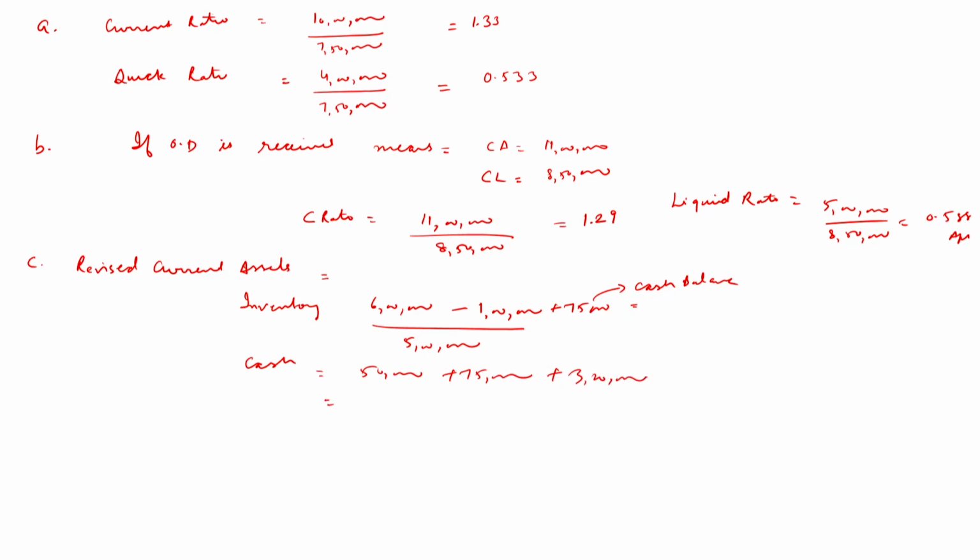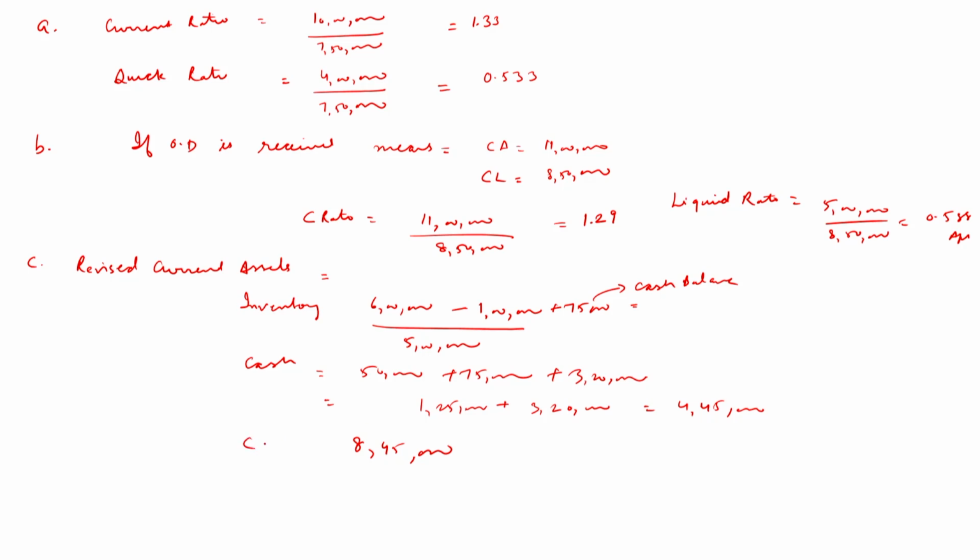So the total cash will be 4,45,000. And now the debtors will no longer exist. So the current assets will become 8,45,000 after considering all these deductions in inventory and debtors and the addition in cash.